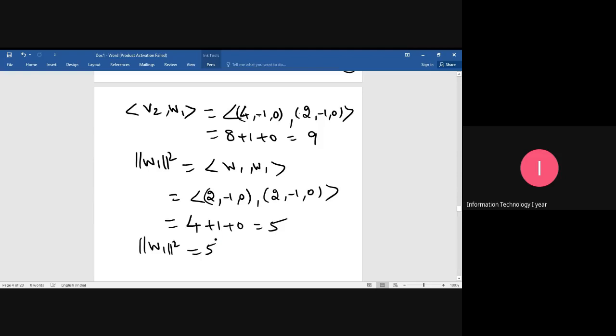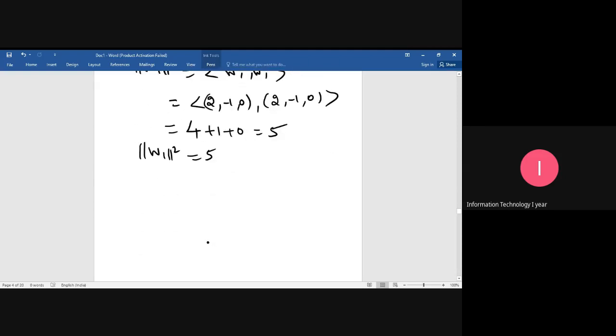Therefore, we can write W2. W2 is V2 minus the inner product of V2 and W1 divided by norm W1 square, into W1.